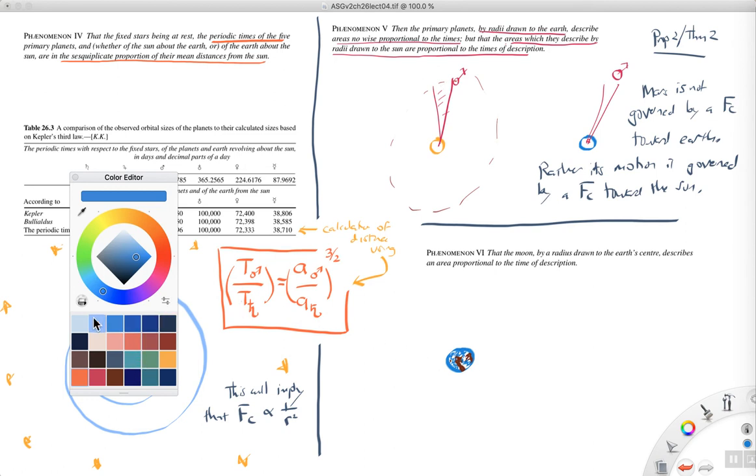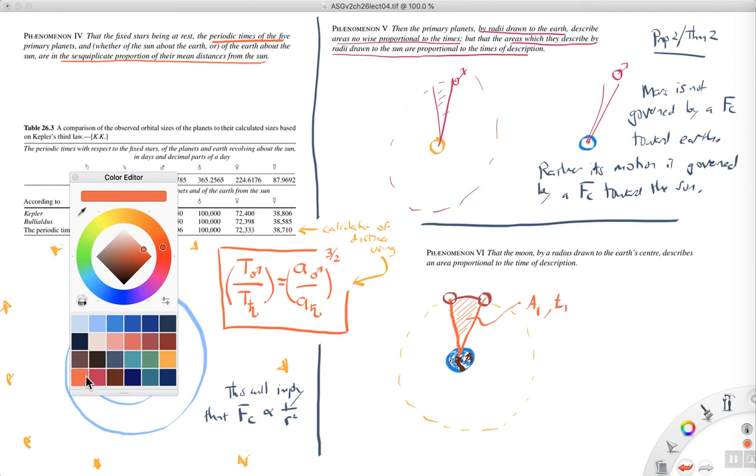Okay, so here's the Earth. And if you were to consider the orbit of the moon around the Earth over the course of about a month, and if you were to draw a radius from the Earth to the moon, and consider a particular time interval that it moves from here to here, you could sweep out a certain area. So this would be area 1 during a time t1.